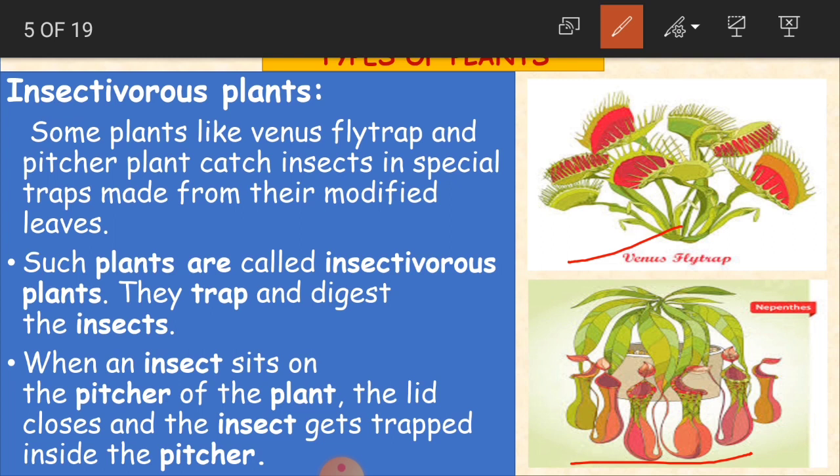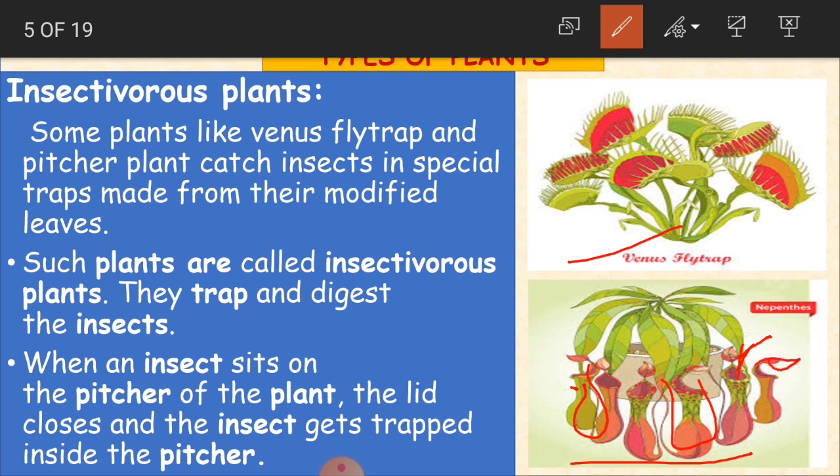When an insect sits on the pitcher of the plant, the lid closes and the insect gets trapped inside the pitcher. See here, it is like a pot type structure, the leaf here. So what happens when the insect sits on this pitcher plant here? It has a lid. Are you able to see the lid, children?